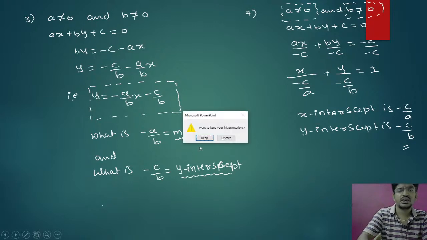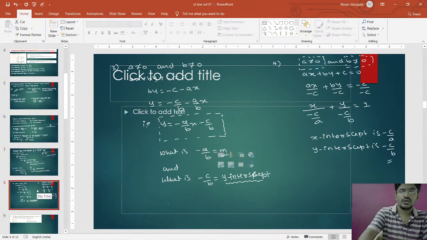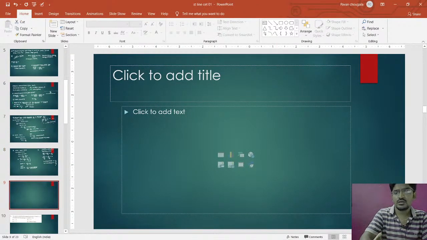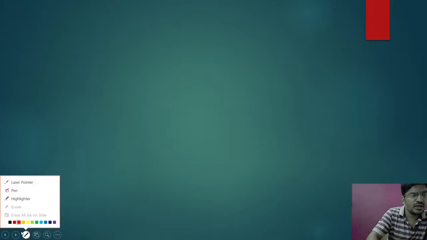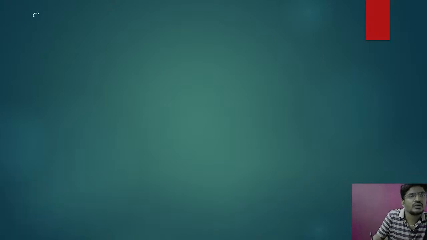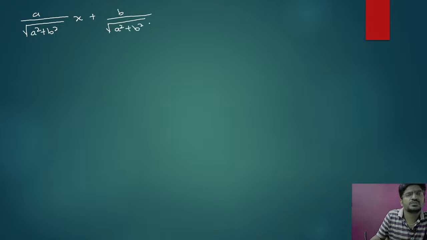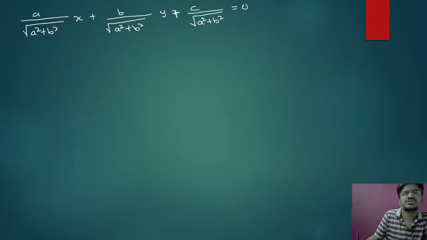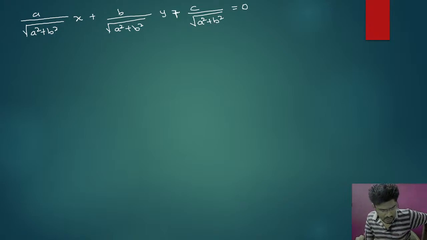That is the equation given by a divided by root of a square plus b square into x plus b divided by root of a square plus b square into y plus c divided by root of a square plus b square equal to 0. Clear?